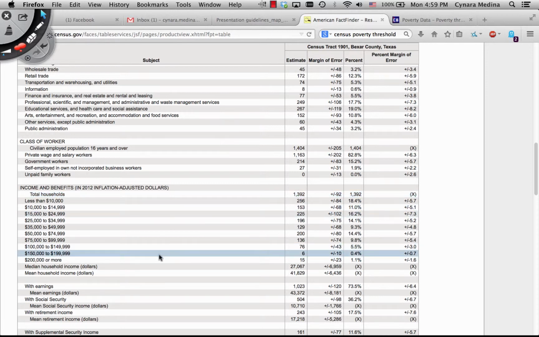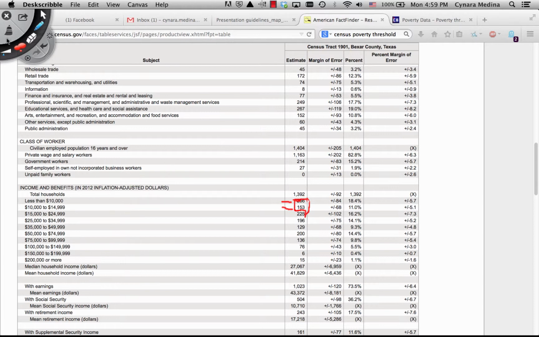What you need to do now is take this and this, these two pieces of information right here, because that's the number of households that are below the poverty line.